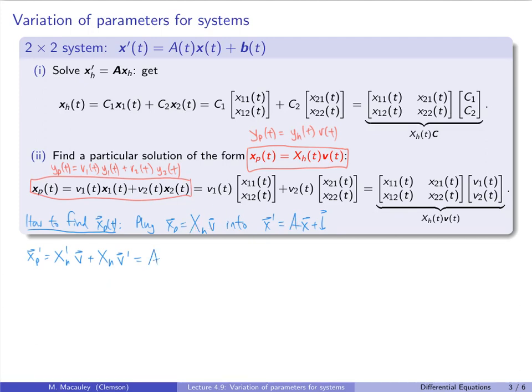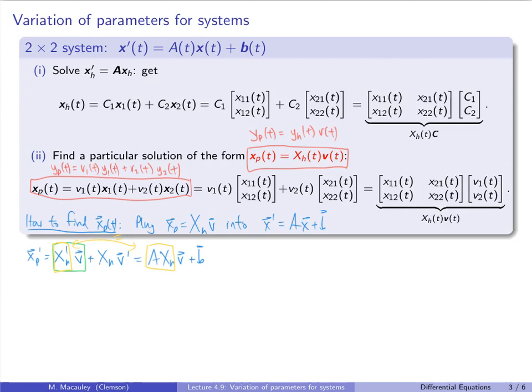So that is a times xh times v plus b. Now what I want you to notice is that since xh solves the homogeneous equation, xh prime equals a times xh. So these two things are equal.